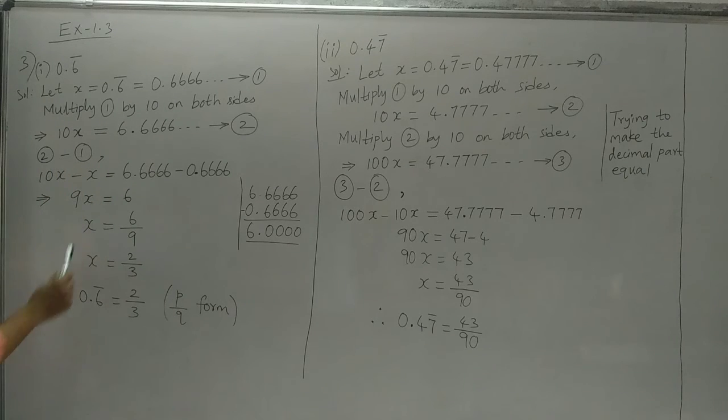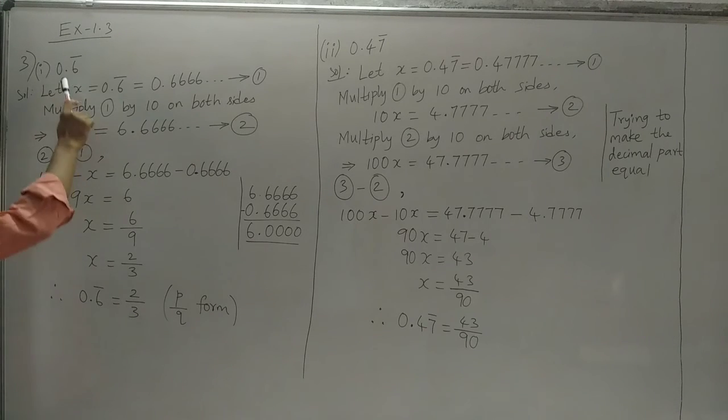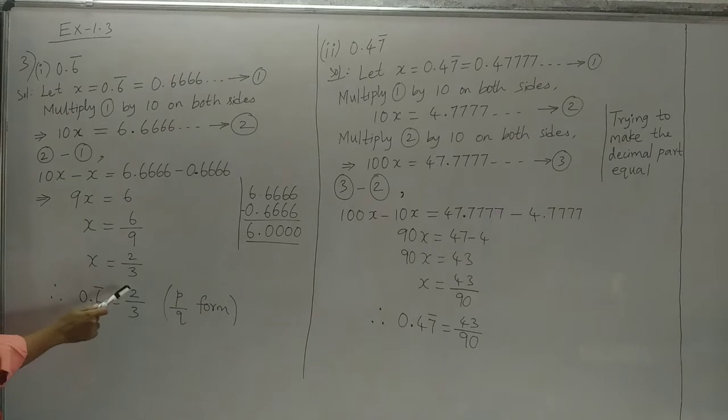So 9x equal to 6. x equal to 6 by 9. And after simplification by 3, we get 2 by 3. So x, that is 0.6 bar, equal to 2 by 3, which is in P by Q form. So that is the question they are asking. The given decimal we have to convert to P by Q form. So this is equal to 2 by 3.